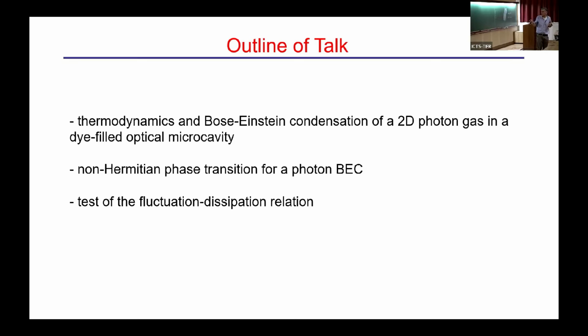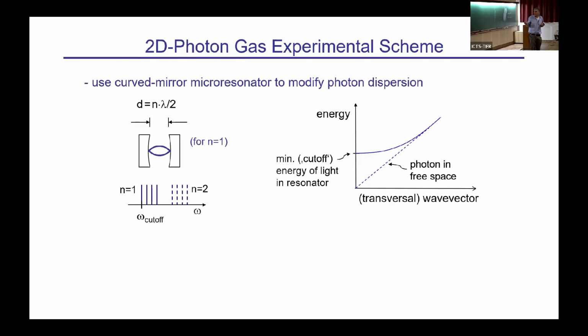It's a two-dimensional photon gas, actually. I will then talk about experiments on a non-Hermitian phase transition, which is induced by small losses in this system, and finally on a test of the fluctuation-dissipation theorem in the system. Okay, to begin with, regarding our experimental scheme to create a thermalized two-dimensional photon gas.